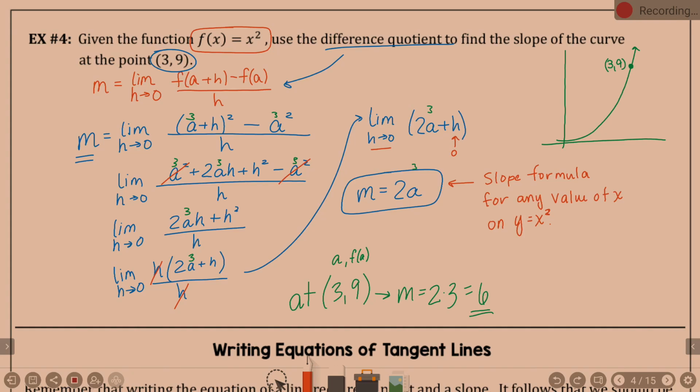Well, where's our tangent line? My line's not very straight, but that's the idea: that's the slope of the tangent line. And that's what we were trying to find. That's what that 6 is there. Okay?